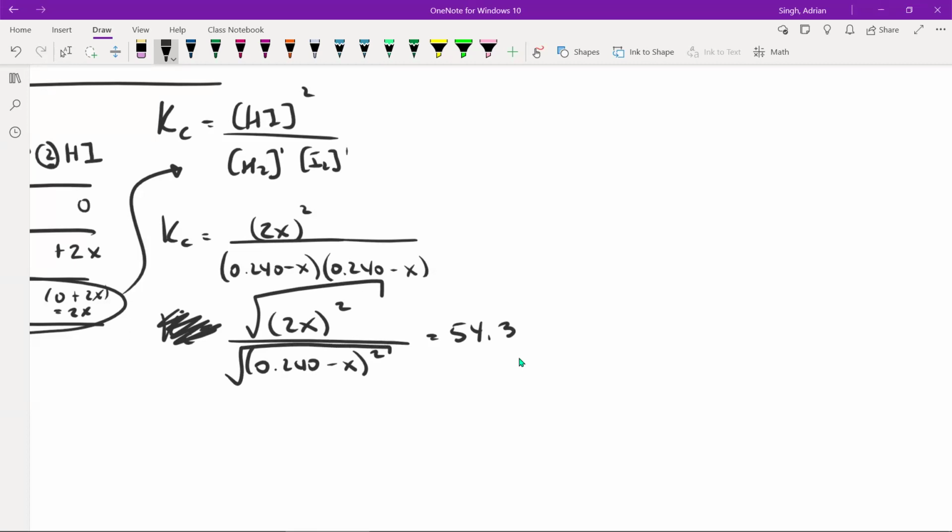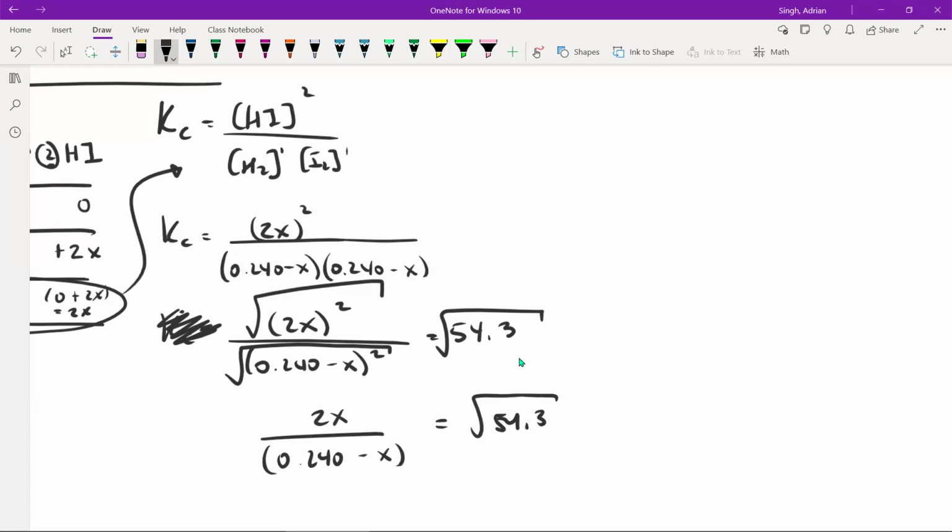And if I do that to the left side, I also need to take the square root of the right side. So what's the square root of 2x squared? Well, it is 2x. What's the square root of 0.240 minus x, all squared? The square root of that is also 0.240 minus x, and that's equal to the square root of 54.3. So we simplified it just using some basic math, some algebra skills.